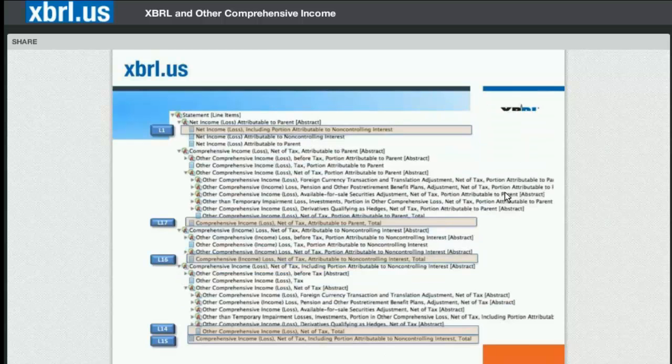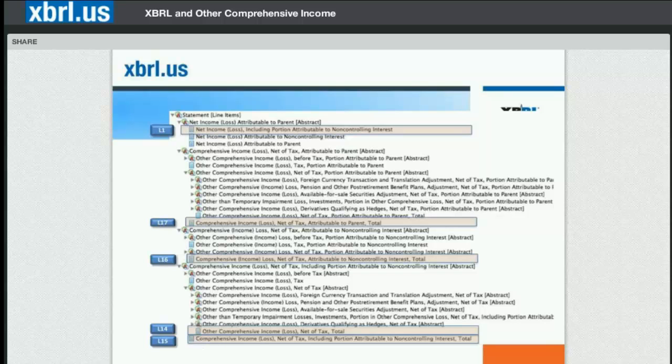So here in 148-400 are the taxonomy elements which, based on the definitions and duration period types, match to the summation items in the previous slide. All are net of tax. L1, L14, and L15 are consolidated items.